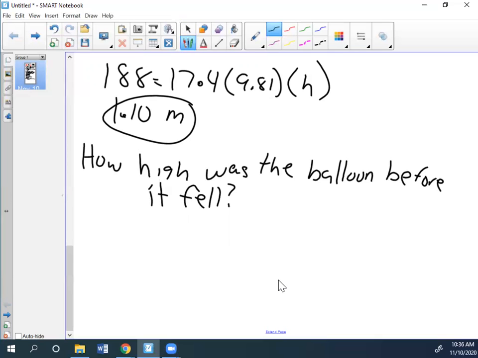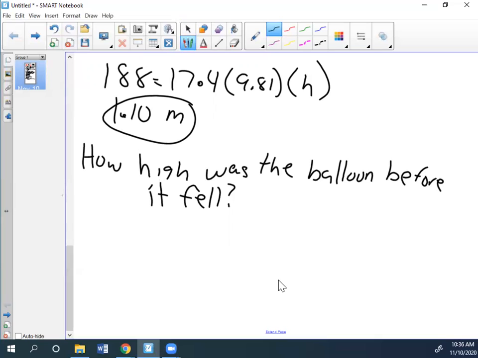Do I know the maximum amount of gravitational potential energy that it had? Before the balloon falls, it has no kinetic energy, correct? And we know that the total energy doesn't change. So before it fell, all the mechanical energy would have been gravitational potential energy.